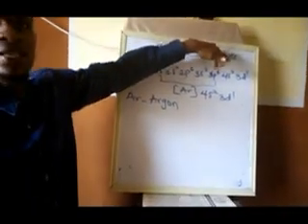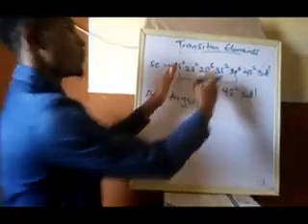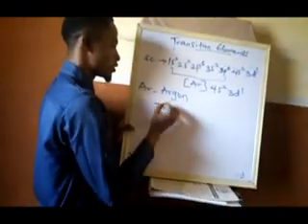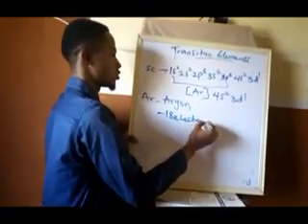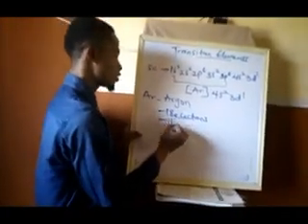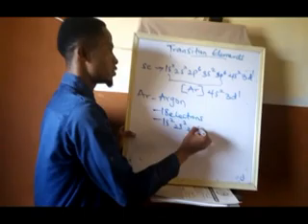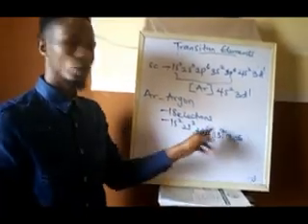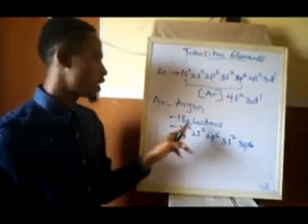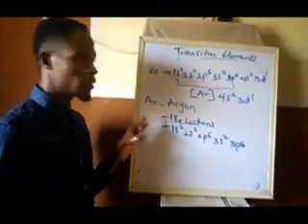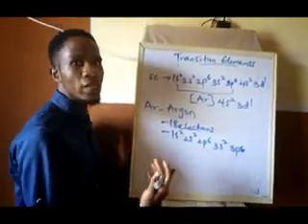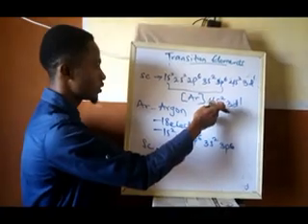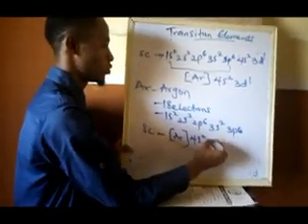Argon is a 3p series with complete electronic configuration. Argon has 18 electrons. By the time we sum up the 1s2, 2s2, 2p6, 3s2, and 3p6, it is giving us 18 electrons. That is the configuration of argon. Therefore, we can maximize our time by writing Ar for scandium, then 4s2, 3d1.